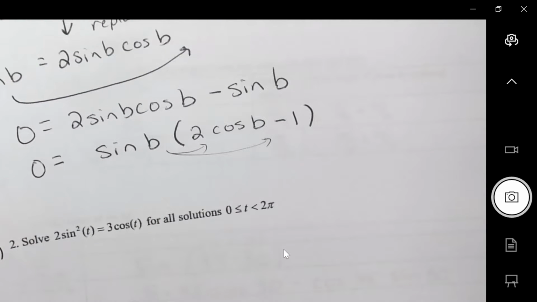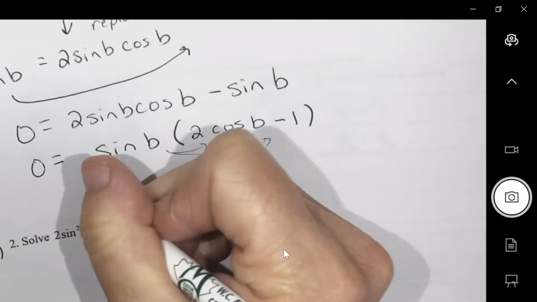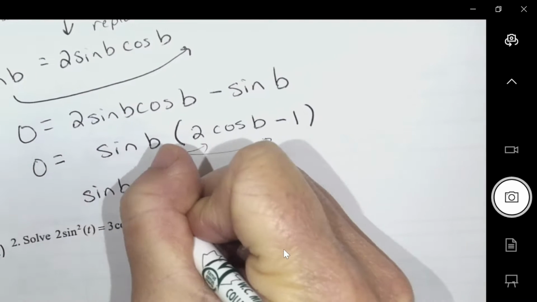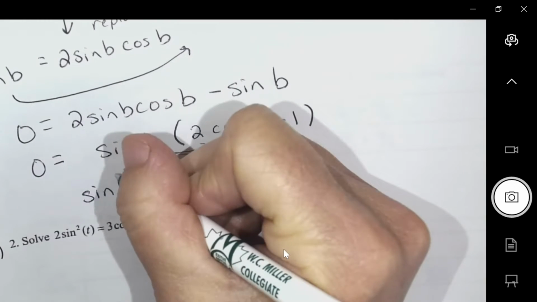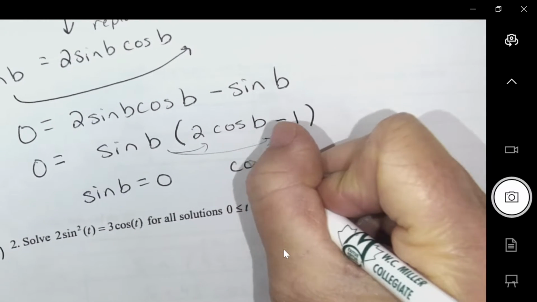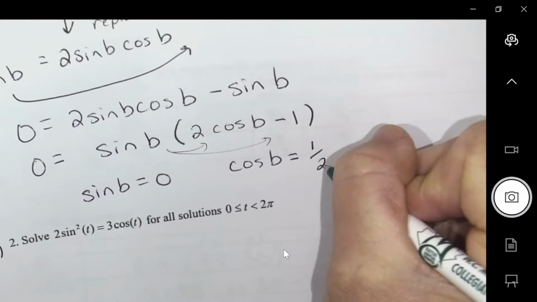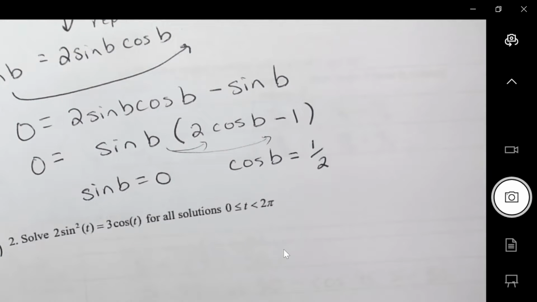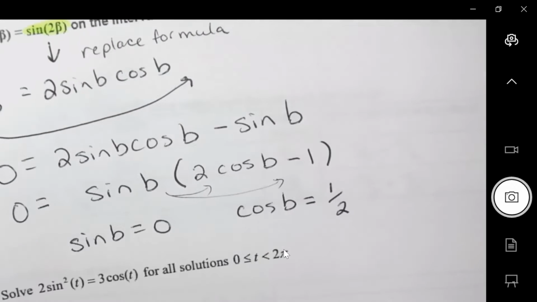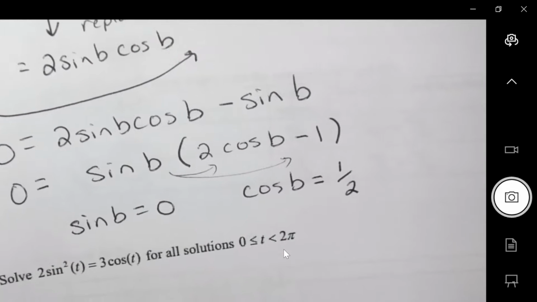Okay, now I'm ready for my trig values. So sine B equals 0. Cos B equals positive 1/2. Okay, so this is all even grade 11 stuff, right? Remember when we did that?